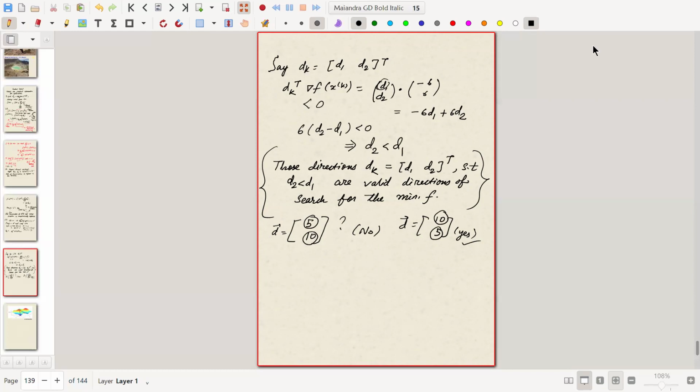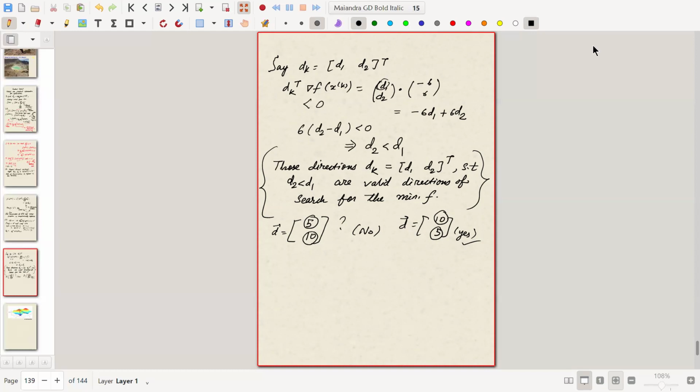So this is the advantage of this criterion, dk transpose grad f(xk) less than 0. And this helps us to find the direction at which our function will be minimum. Clear? Is it clear?